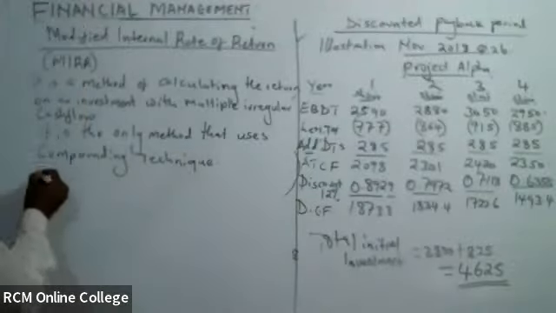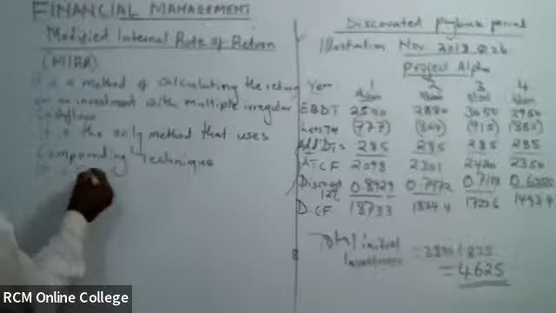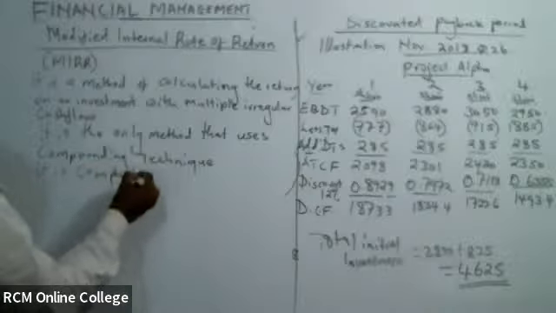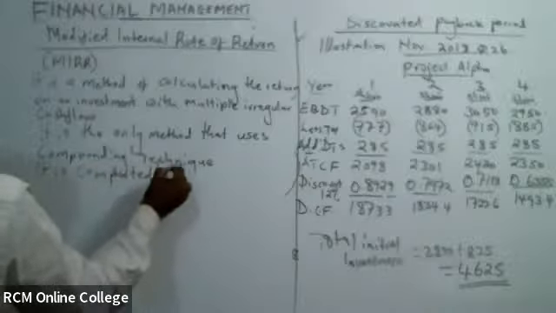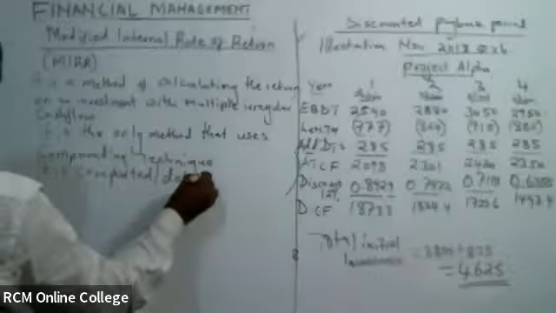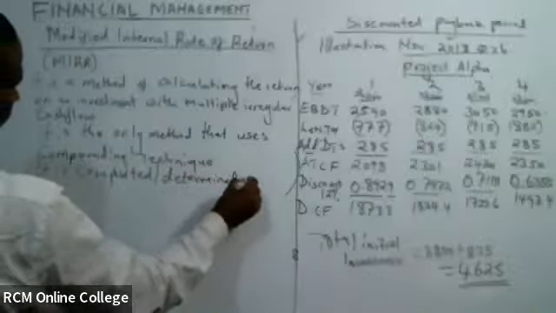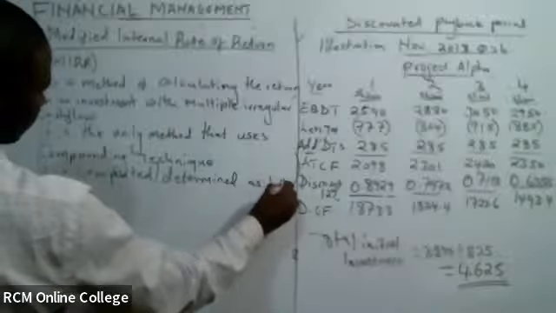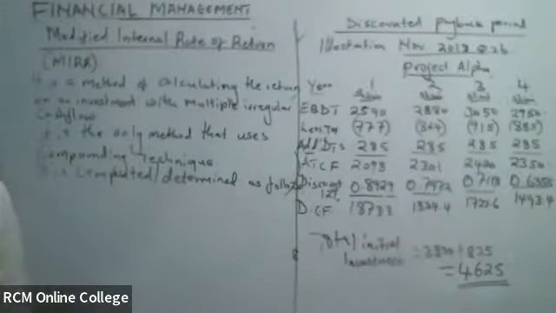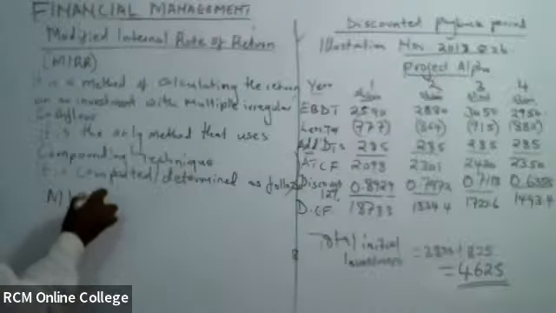It is computed, or determined, as follows. So how do we get MIRR?